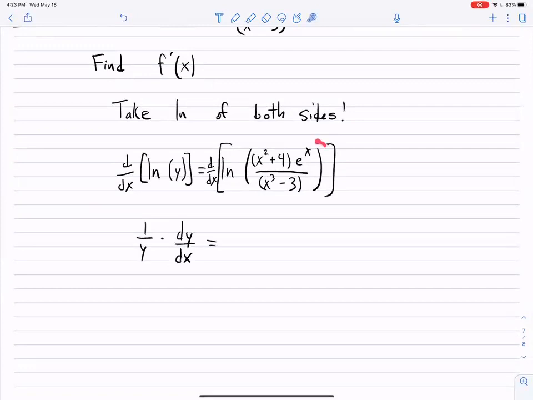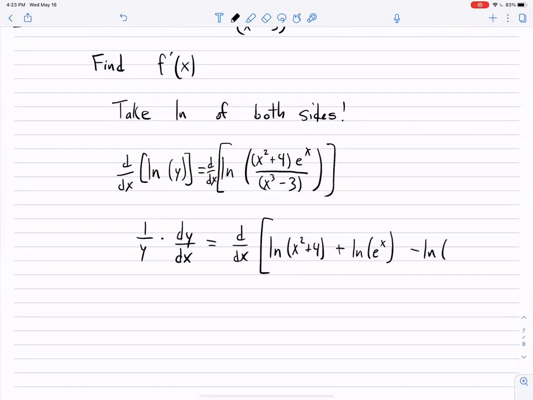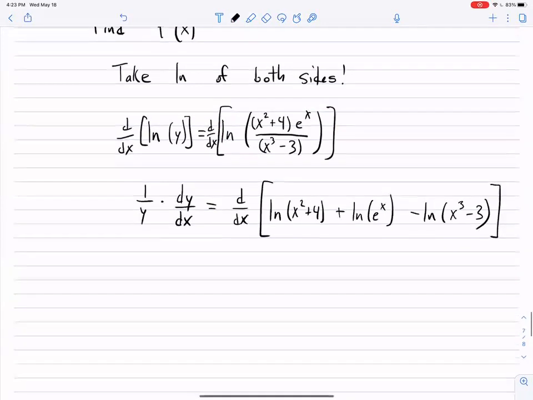Then to take the derivative of this thing, let's break it up. It's d dx, and let's use the log rules to break it up. It becomes ln of x squared plus 4 plus ln of e to the x, minus ln of x cubed minus 3. And this, by the way, is just x.